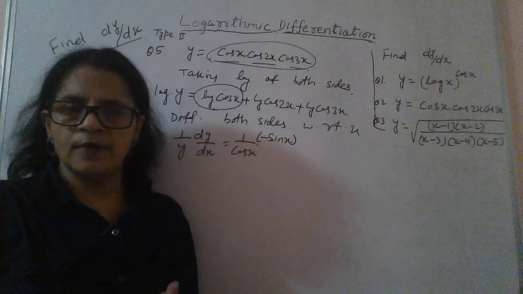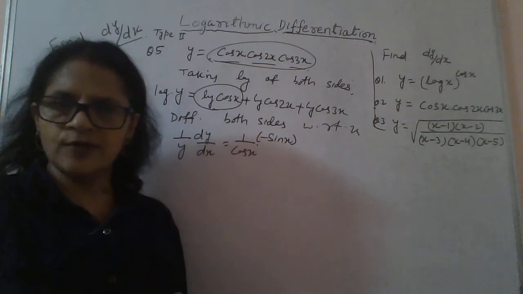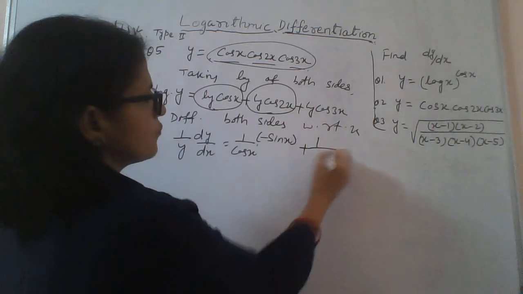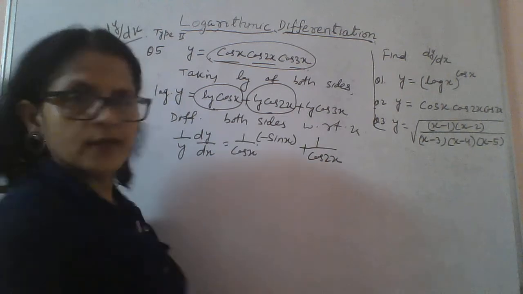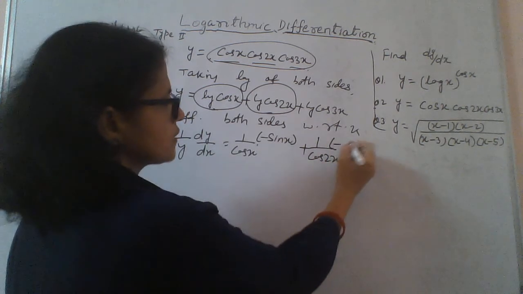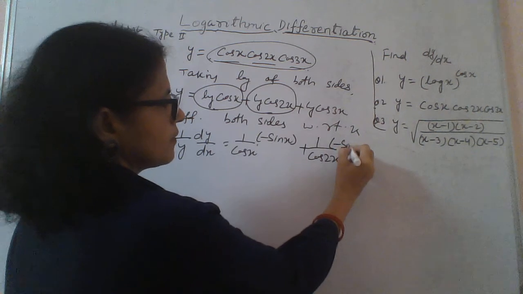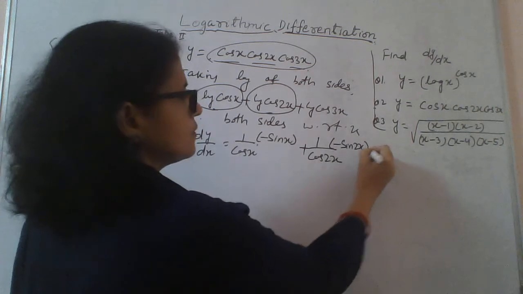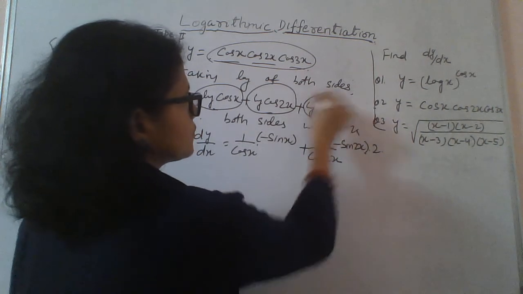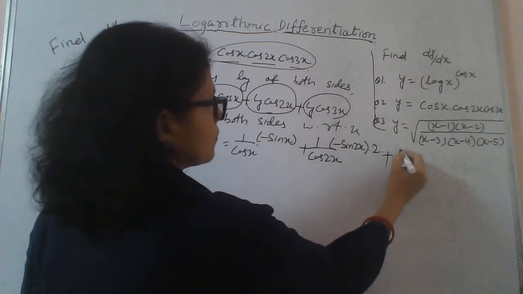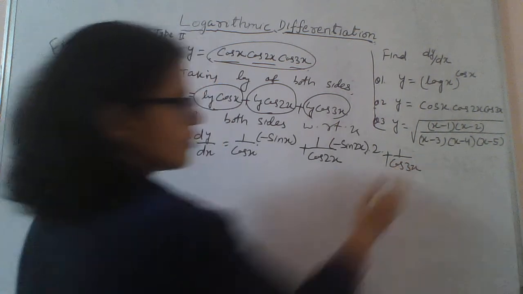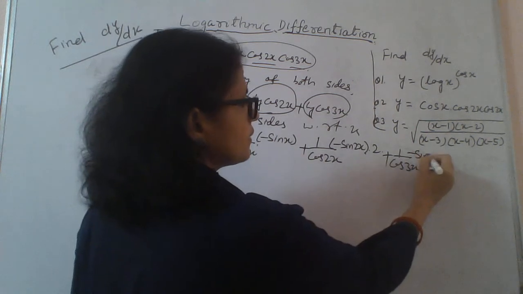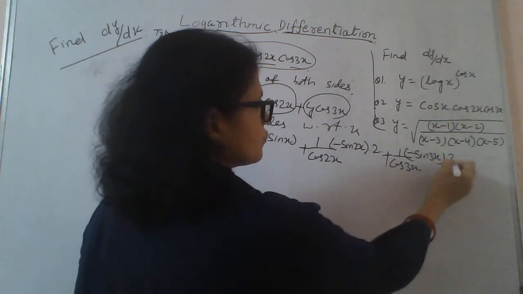I hope by this time you are familiar with chain rule and implicit functions. Plus log cos 2x with respect to cos 2x, 1 by cos 2x, cos 2x with respect to 2x, minus sin 2x, and 2x with respect to x is 2. Now plus 1 by cos 3x, log cos 3x with respect to cos 3x into minus sin 3x into 3.